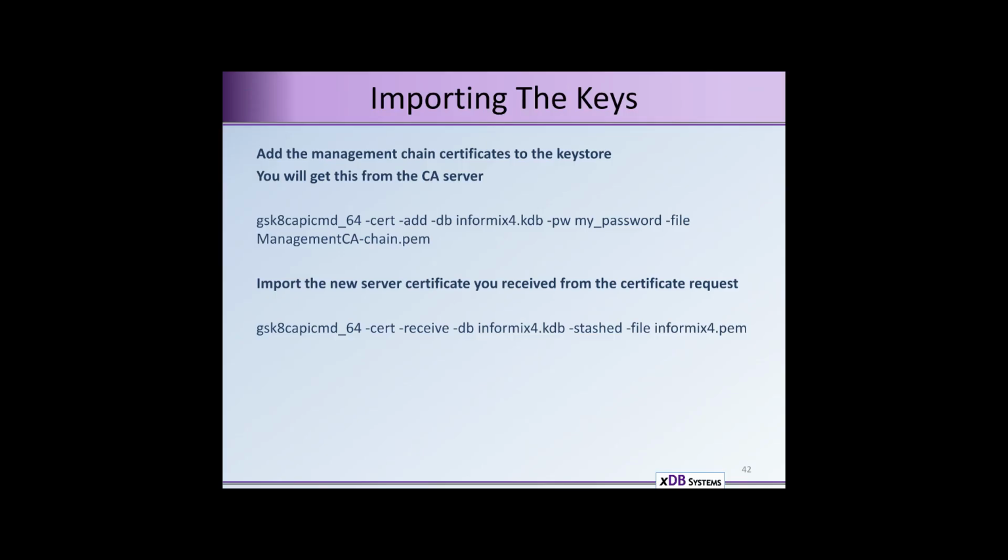There are whole college level classes about how PKI works. The next thing we're going to do is actually do a certificate receive. So this is where we get back our certificate, which would be in .pem format, from the certificate authority and importing that. So at this point, we have two key certificates in our server key store.